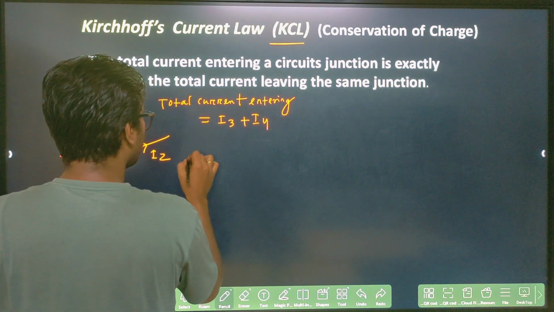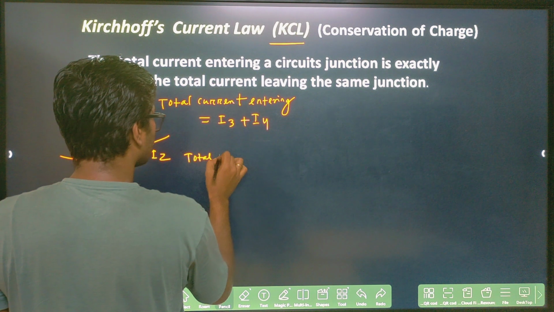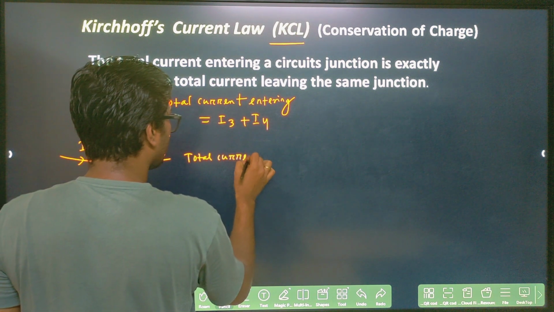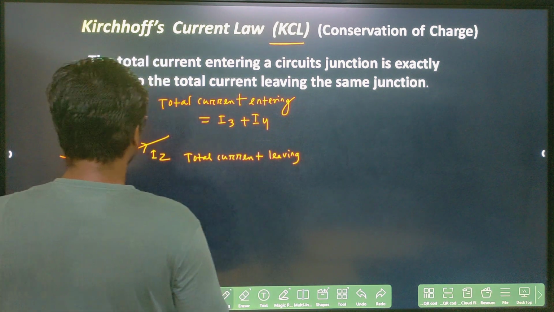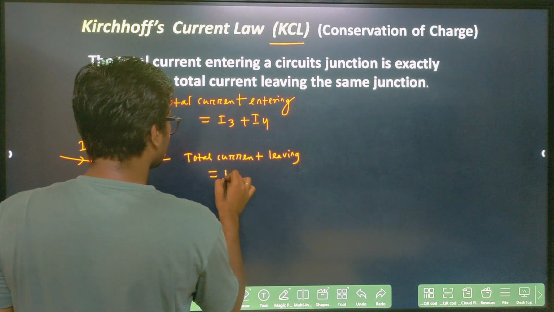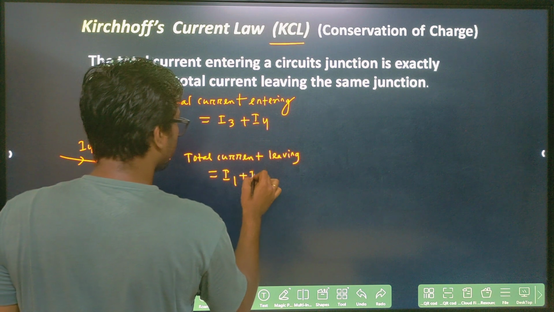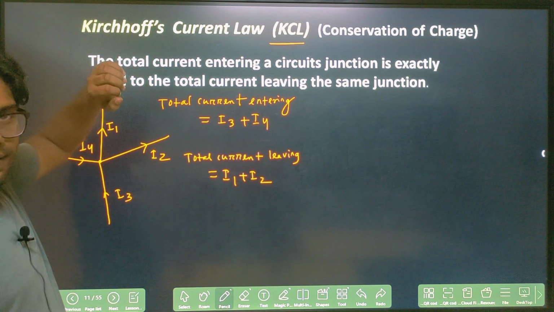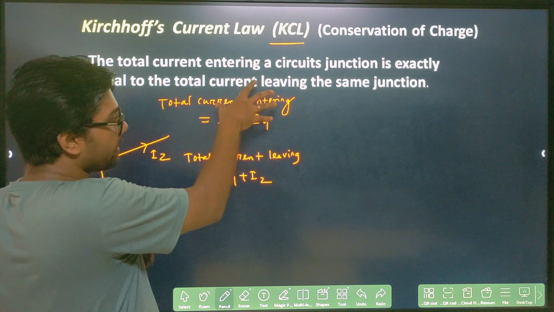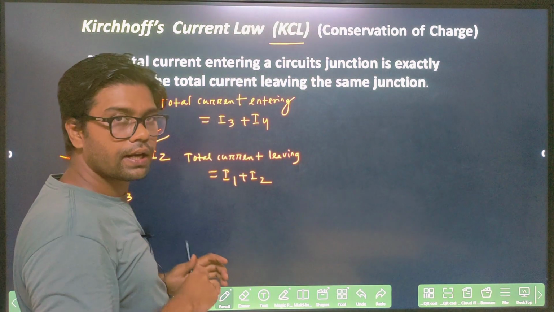Then total current leaving through this junction will be how much? We will say I1 plus I2, right? So through this law you can say that total current entering is equal to total current leaving.